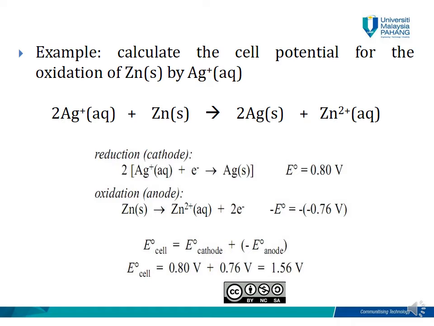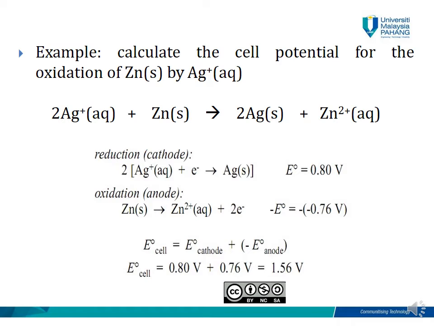This table gives you the value of a silver ion plus electron producing silver solid. So here the E naught value will be given to you, and you need to do the same thing for the oxidation process. Okay, so this is exactly the same process that you need to know.